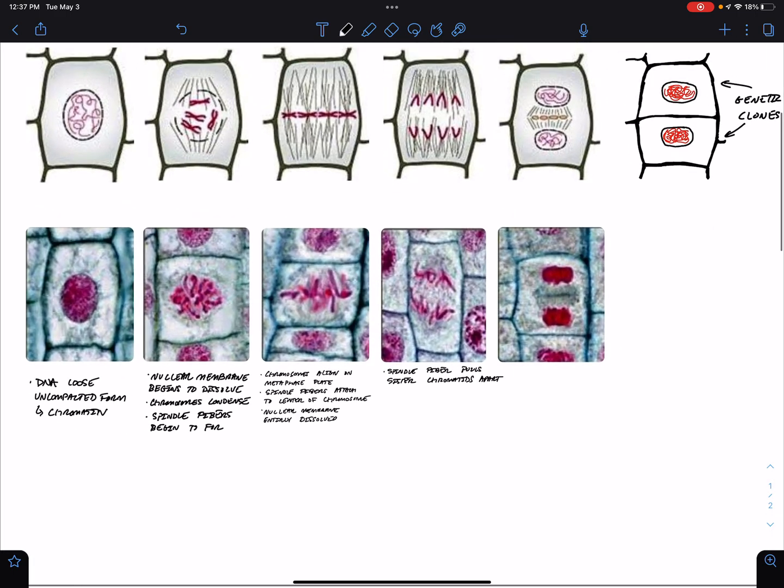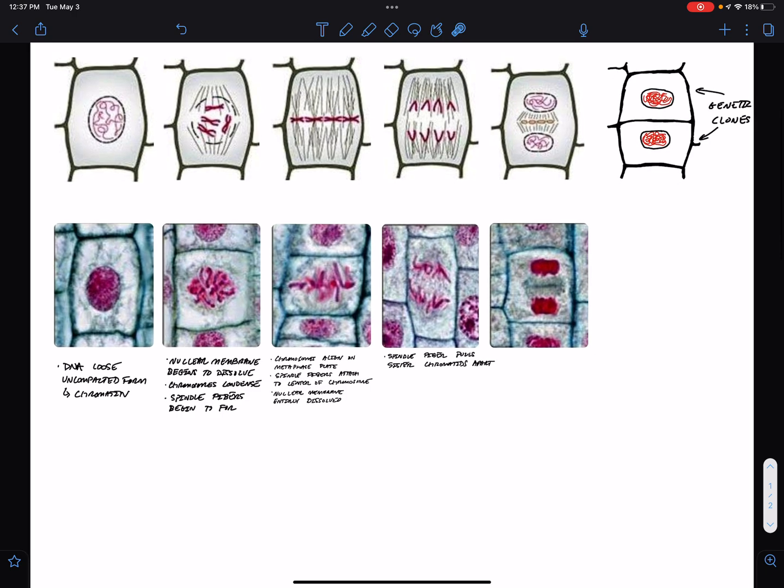So now we've taken the genetic information and we've split it in half. So now this side of the cell contains all of the DNA it needs, and this side of the cell also does as well. So, anaphase, you can actively see the chromosomes separating from one another, being pulled to opposite ends of the cell.